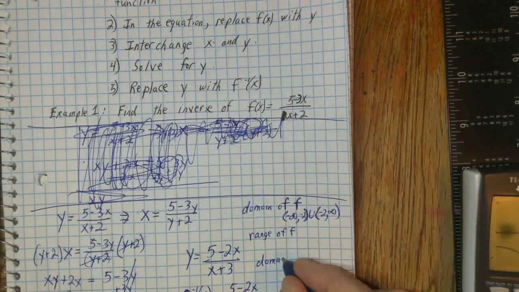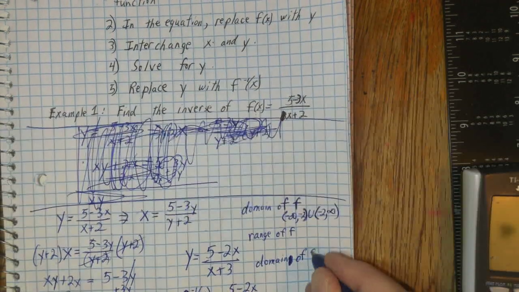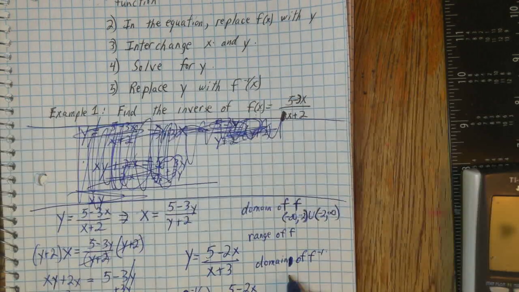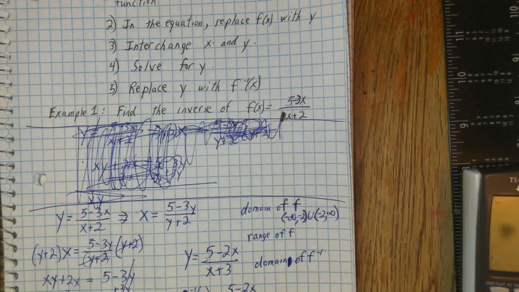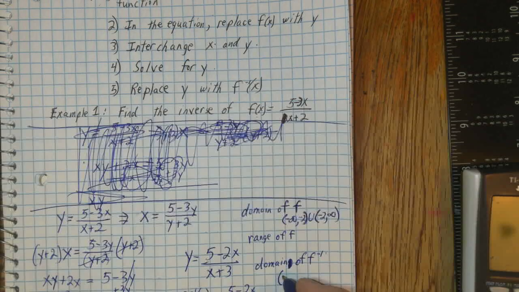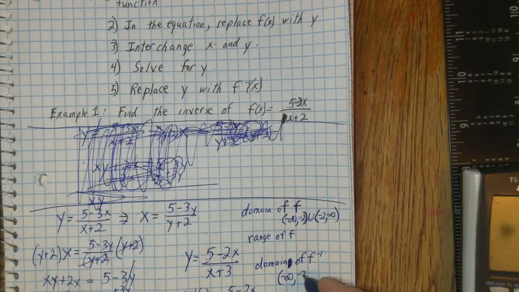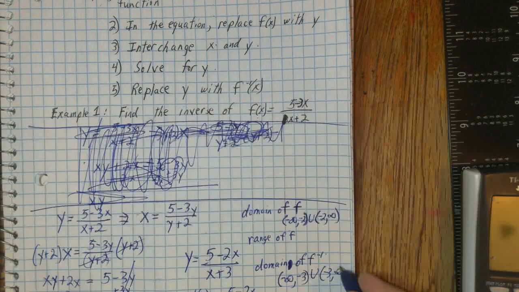The domain of the f inverse, if you'll notice, we can't have negative 3 here. So negative infinity to negative 3, negative 3 to infinity.